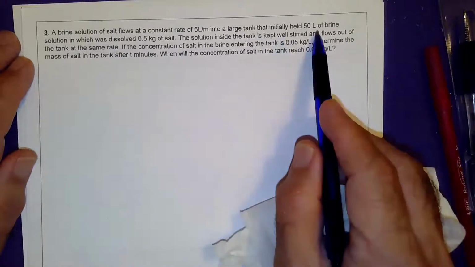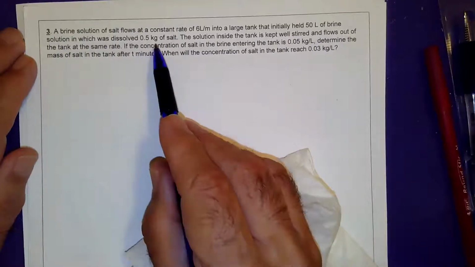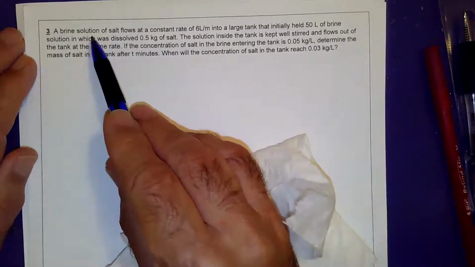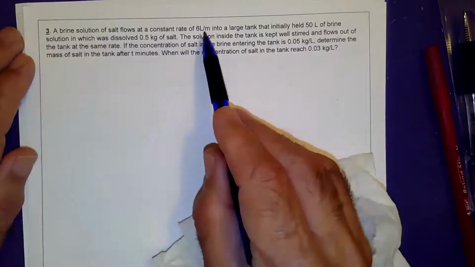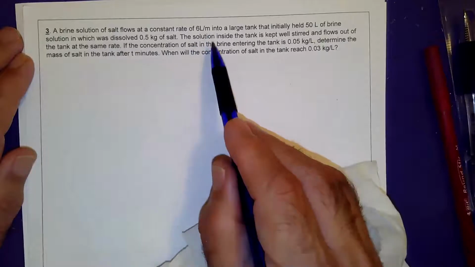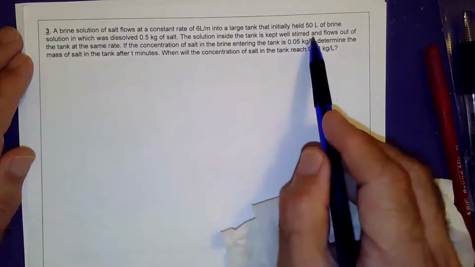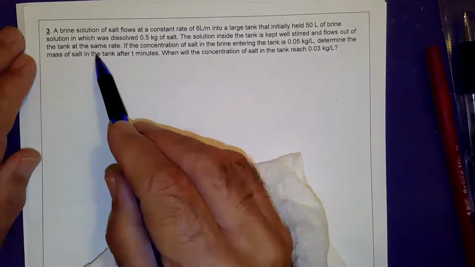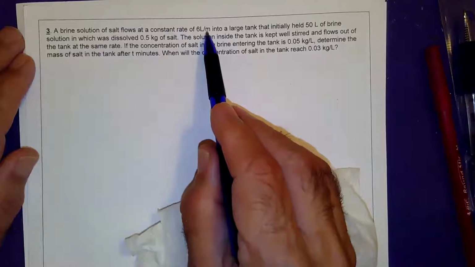So initially the tank had 50 liters of brine and half a kilogram of salt in it to begin with. But then they decided to pour some more brine in it, and the speed of the flow was 6 liters per minute. The solution inside the tank is kept well stirred, so they mixed it uniformly, and flows out at the same rate, meaning it also flows out at the rate of 6 liters per minute.